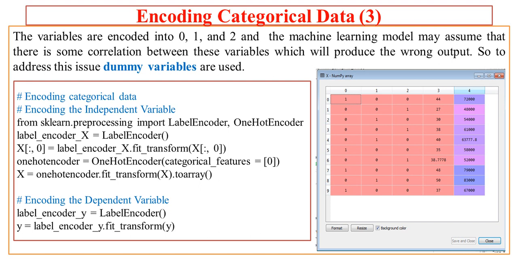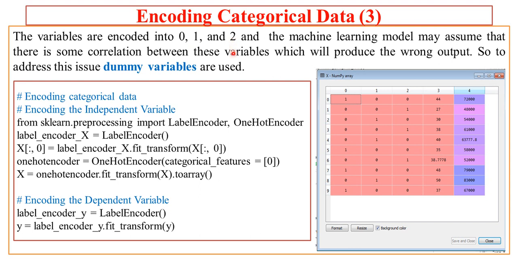So as I told you in the earlier slide, the values assigned to the countries like France, Germany and Spain in terms of 0, 1 and 2 will confuse our model. In what sense does it confuse the machine learning model? The machine learning model will try to interpret these 0, 1, 2 as values in a range and having some correlation with each other.